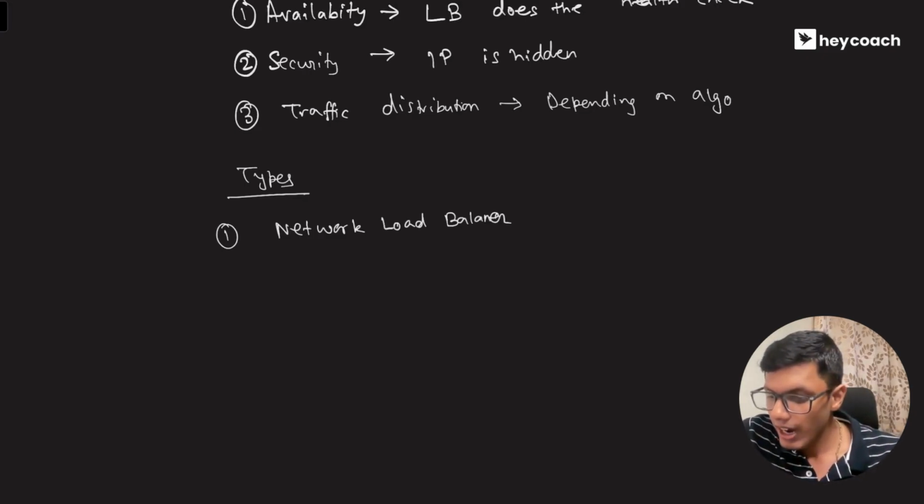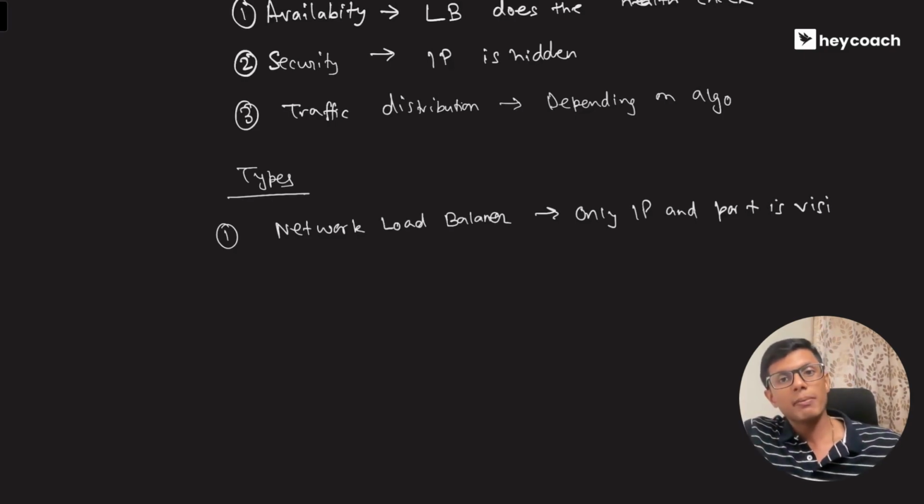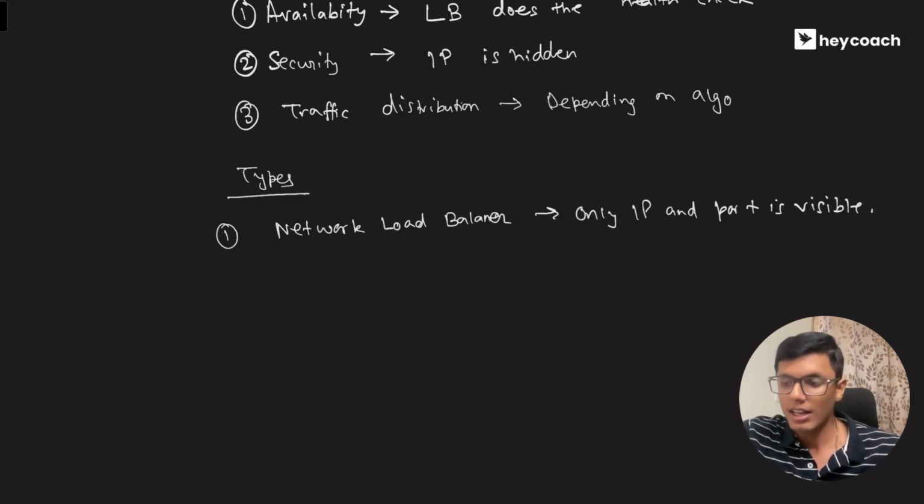So the request is coming from some source, and only the IP and the port are visible. The network load balancer doesn't have the capability to look into what the actual packet is. It can only look into the IP, port and some headers and then decide where to route the request to, right?